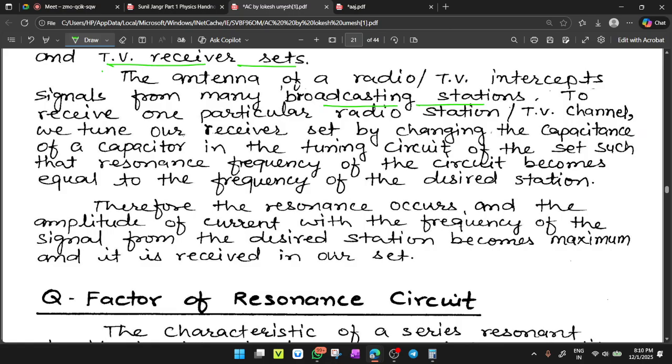To receive one particular radio station or TV channel, we tune our receiver set by changing the capacitance of a capacitor in the tuning circuit of the set, such that the resonance frequency of the circuit becomes equal to the frequency of the desired station.